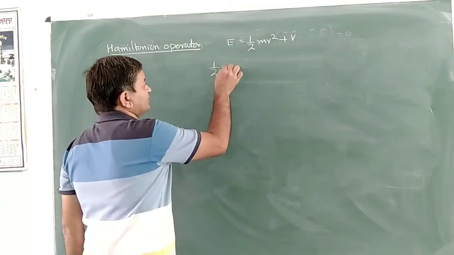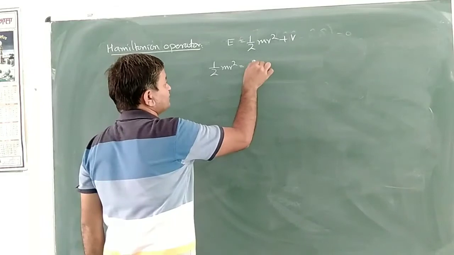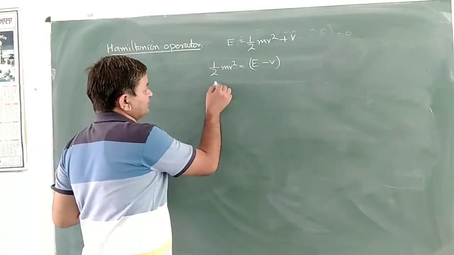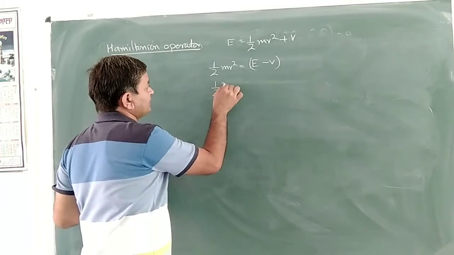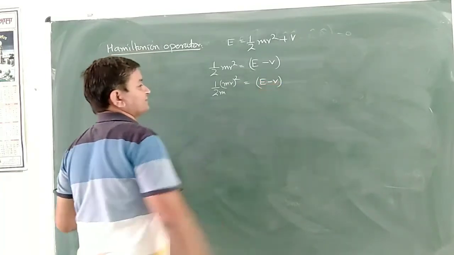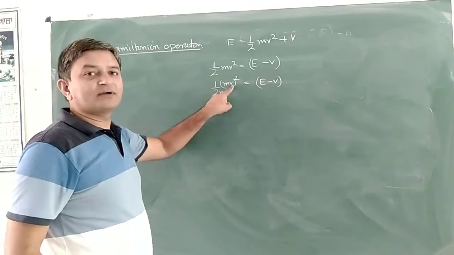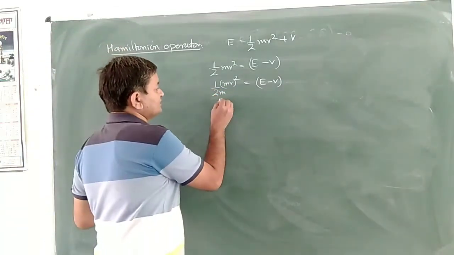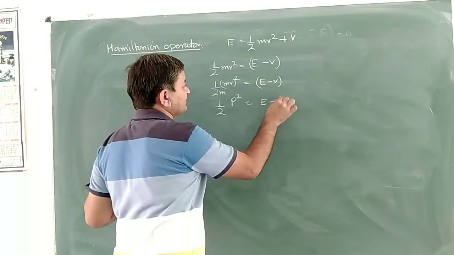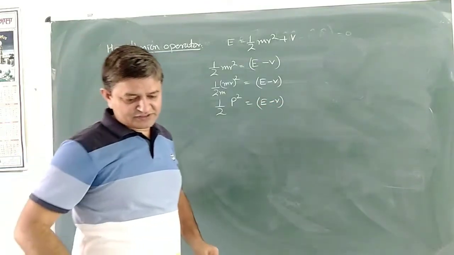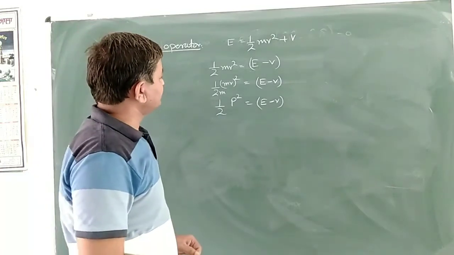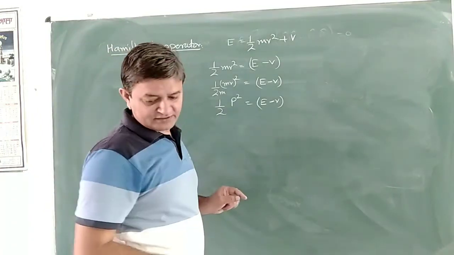And you know that the kinetic energy is equal to E minus V. If we multiply and divide by m, it becomes this one. This is E minus V, and this is m, and v we call the momentum. So this is 1 by 2m times P square, and here E minus V is called the potential energy of the system.